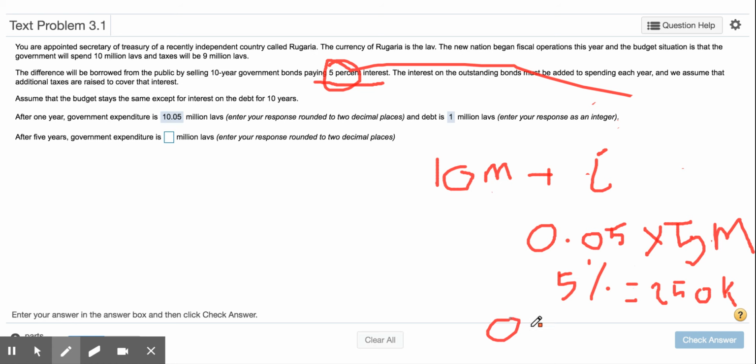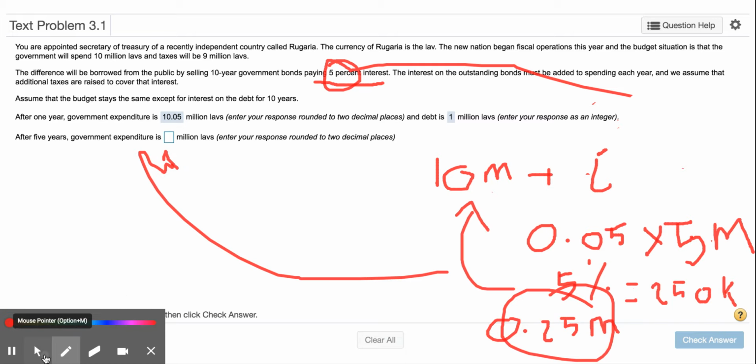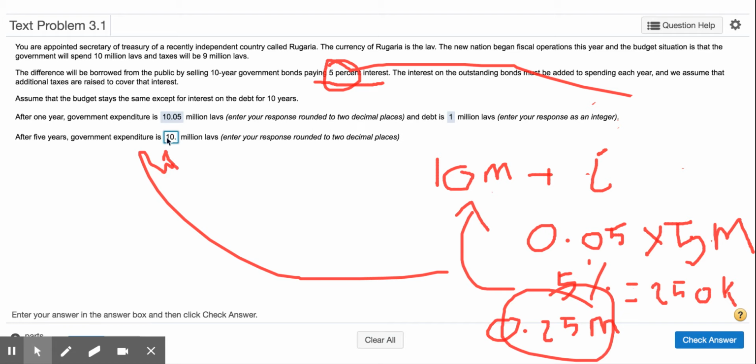So it should be 10 million plus 0.25, so we should get 10.25 million. And you see now we can move faster.